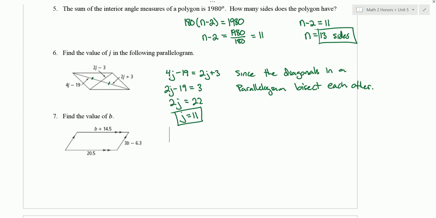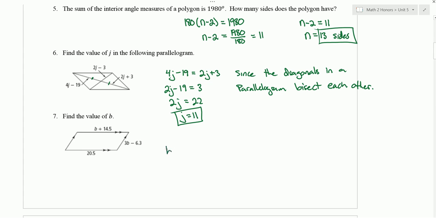Number 7, find the value of b. So looking at the picture, we see that the top and bottom are parallel to each other. Also the left and the right are parallel to each other. So this is a parallelogram. And another property in a parallelogram is that opposite sides are congruent.